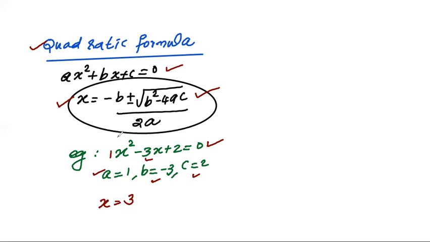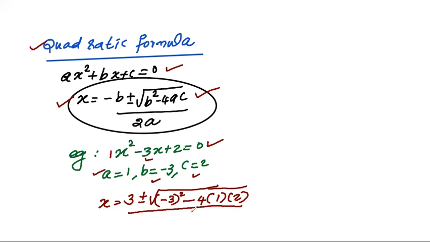So x = (3 ± √((−3)² − 4 × 1 × 2)) / (2 × 1). So x = (3 ± √(9 − 8)) / 2, where 3 squared is 9 and 4 into 1 into 2 is 8.